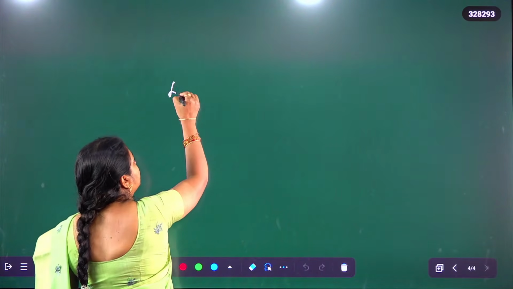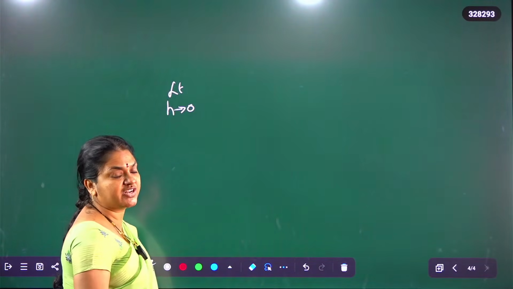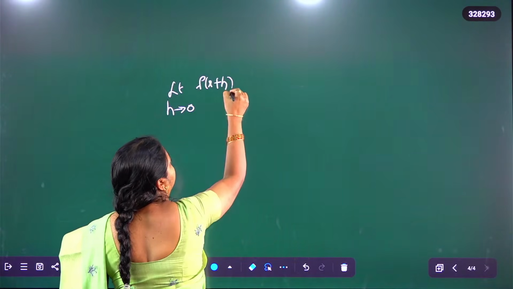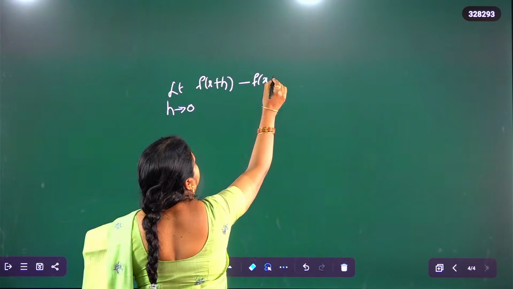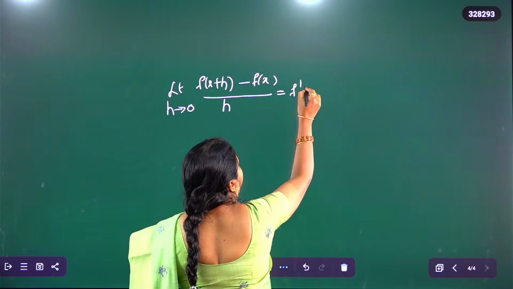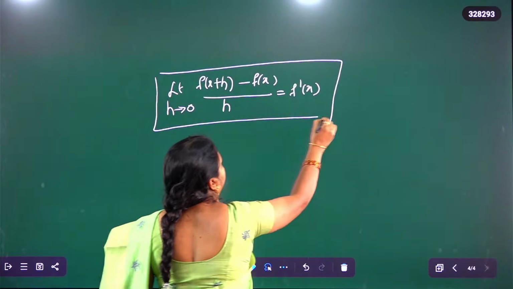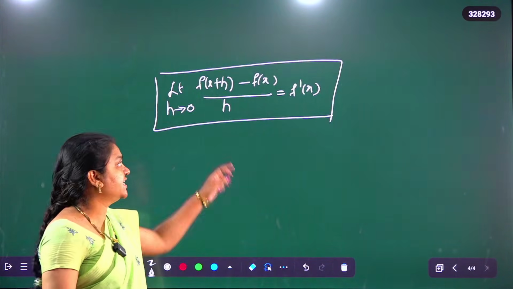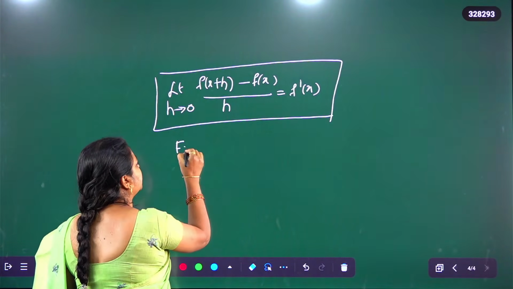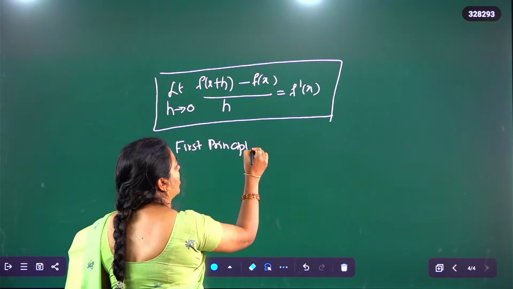Suppose we already know the definition of derivative, that is limit h tends to 0, f of x plus h minus f of x by h, equal to f dash x. This is the derivative definition, isn't it? This is also called the first principle of derivative.